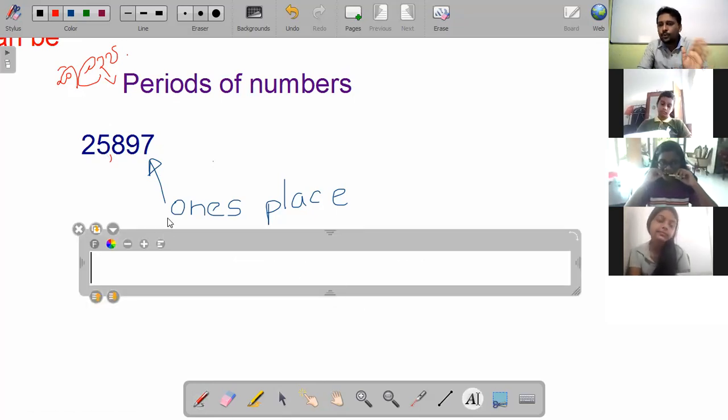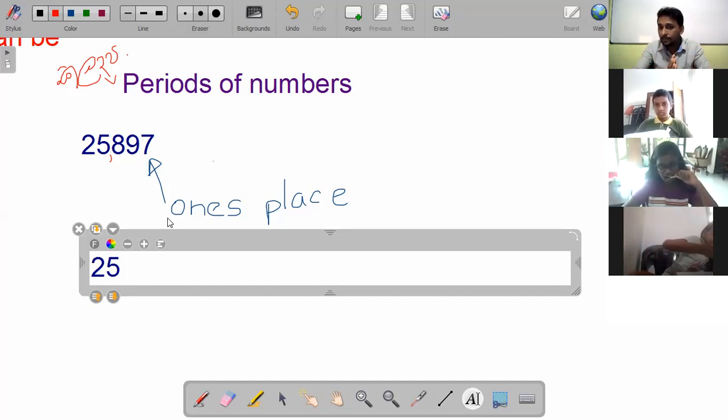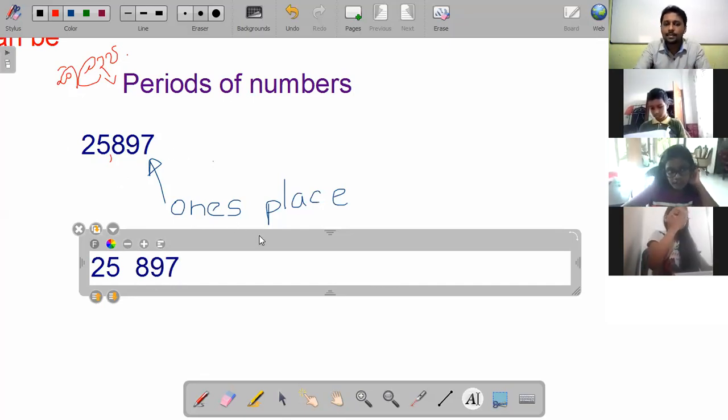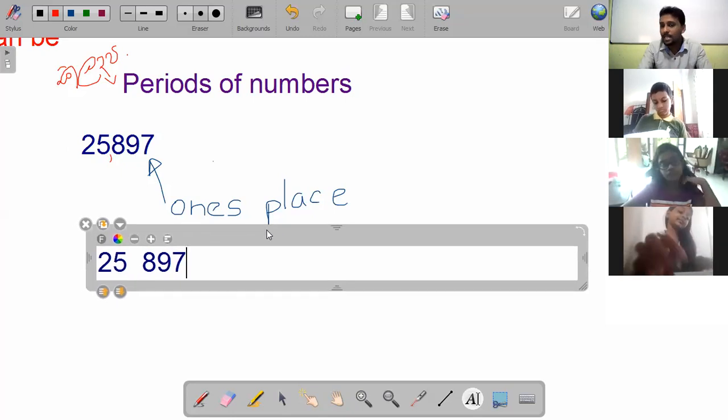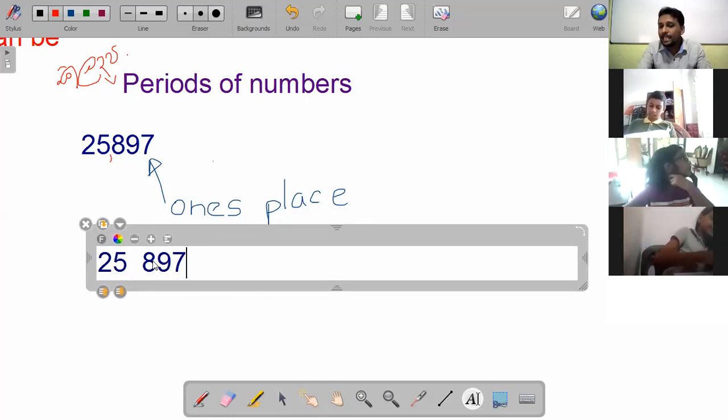So you can separate into periods like that. First period value 25. Then you have to keep the space. හරි ඇහැට පේන විදියට, රූල් පොතක නම් රූලක් විතර ඉඩ තියන්න ඕන. Keep the space. Then you have to write the next period value, 897. That's the number separated into periods.